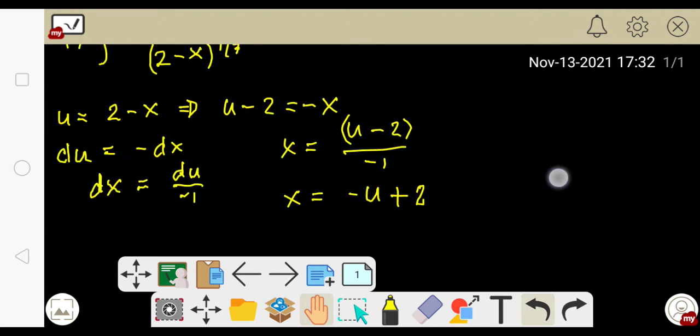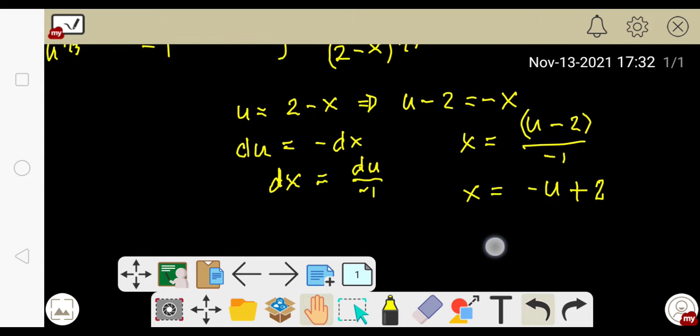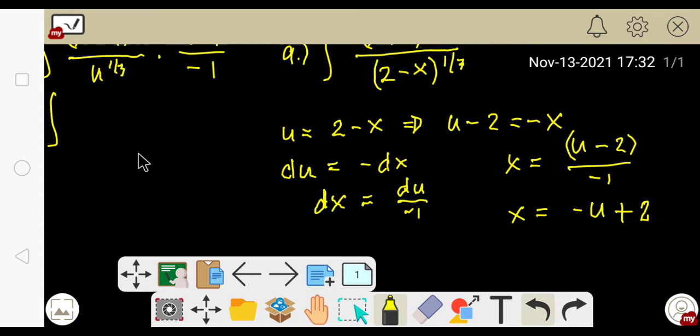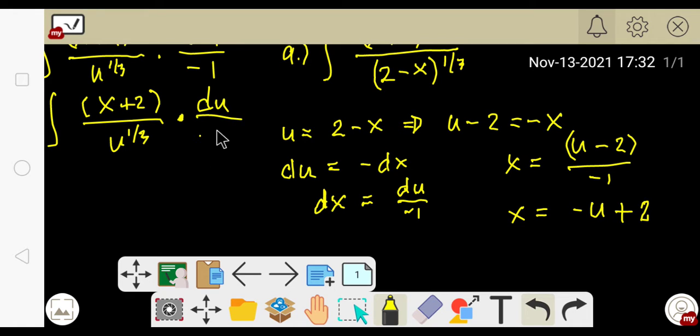Now, I'm going to substitute that value into x, since we have x plus 2 here all over u raised to 1/3 multiplied by du over negative 1.